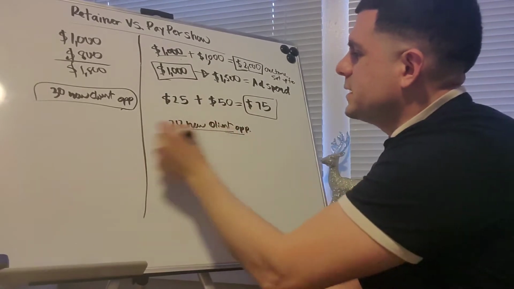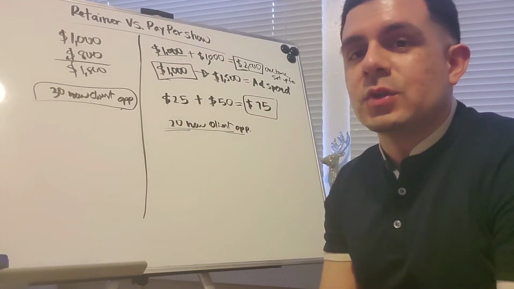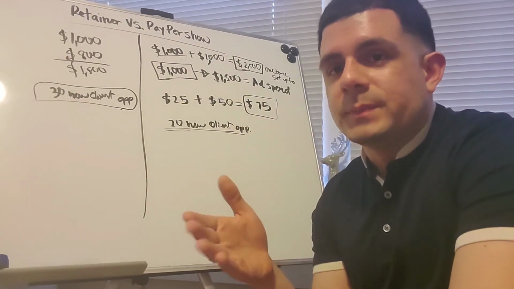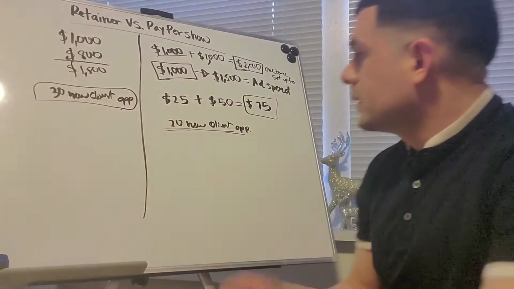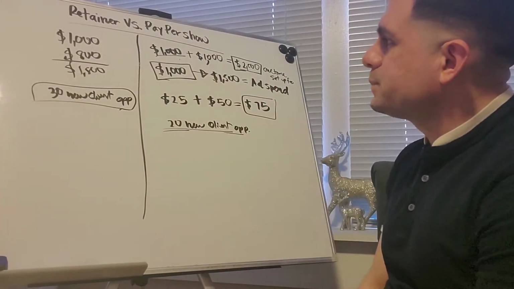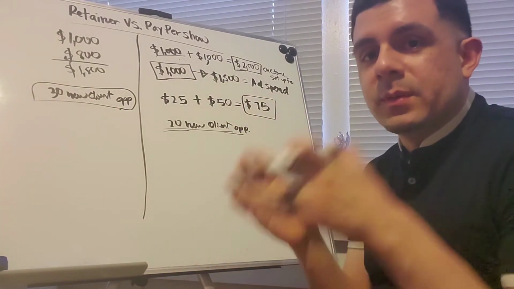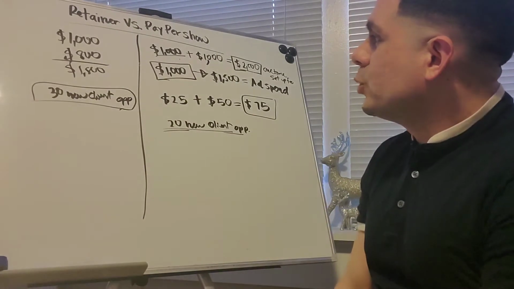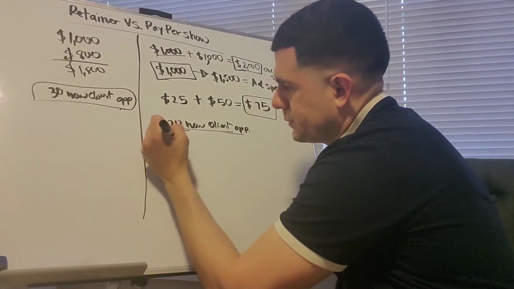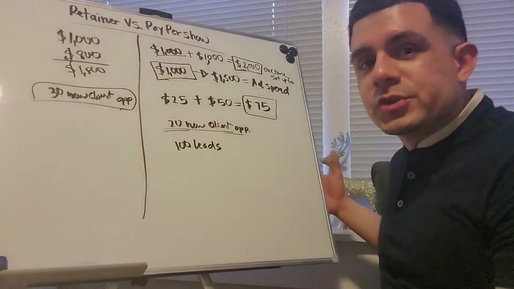However, the client is going to be probably more comfortable with this one because they're only going to compensate you if they get the leads to show up. That's it. So let's say in this example, you have $1,000 in ad spend for the month, and you generate 100 leads.